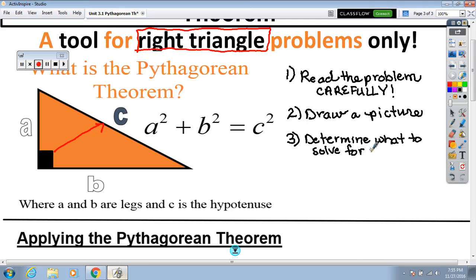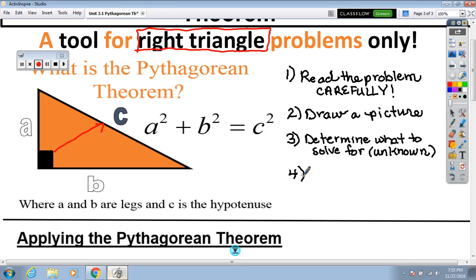So that's going to be determine what to solve for, and that is our unknown. What is it that we don't know? It should match up with what you read originally in the problem. So they're asking you for the height of the building, and you have something at the bottom of the building labeled as unknown. That doesn't make sense because straight across doesn't measure height. Something up and down would have to measure height.